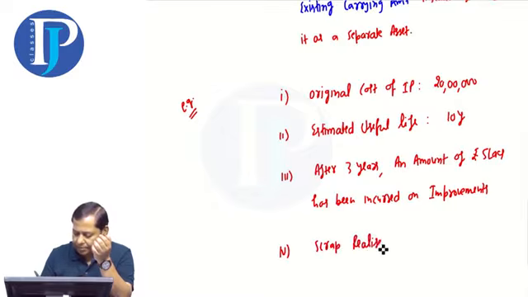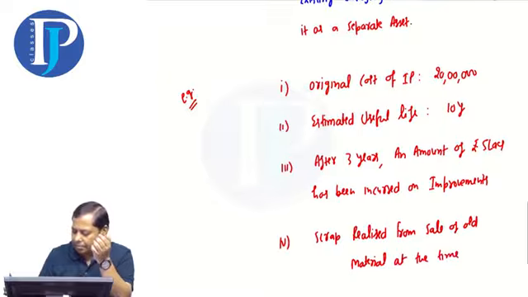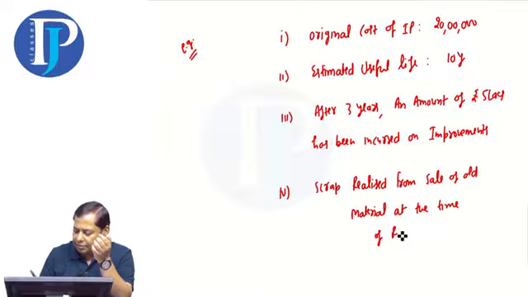Scrap realized from the sale of old material at the time of replacement is 50,000 rupees.